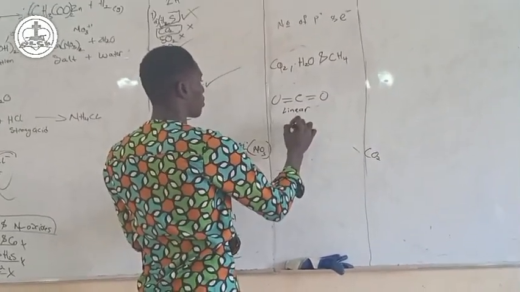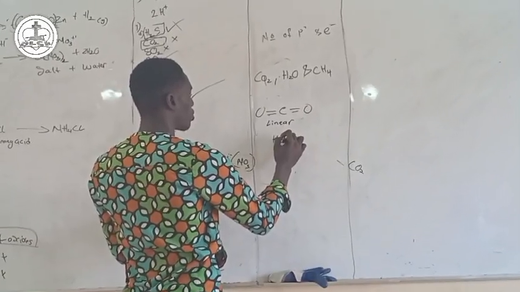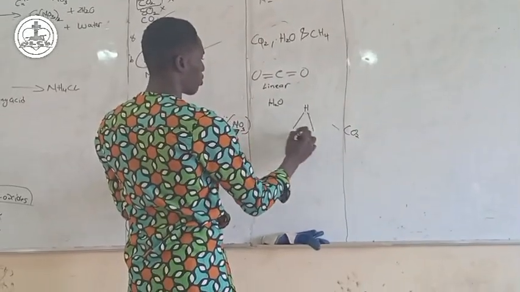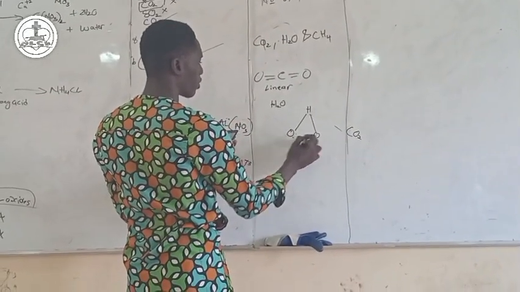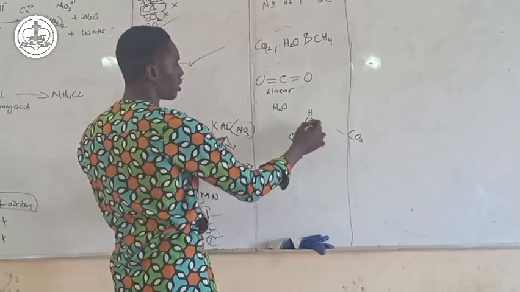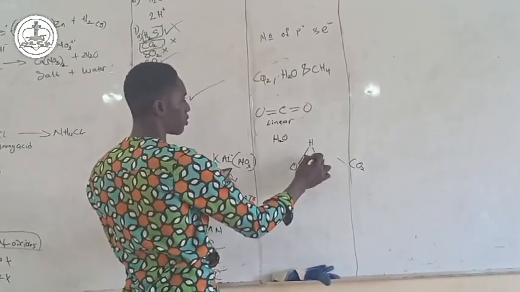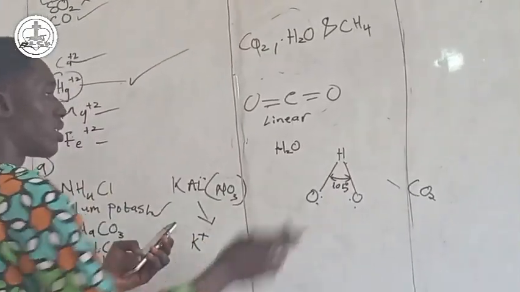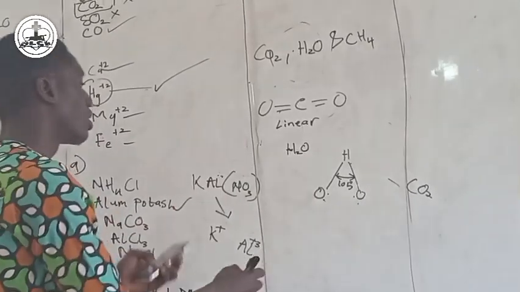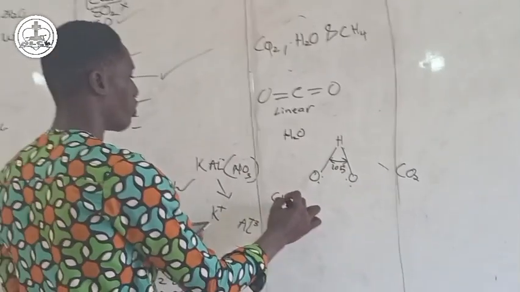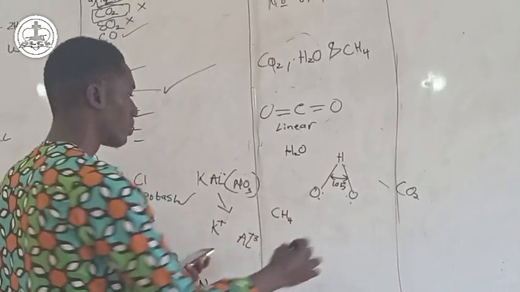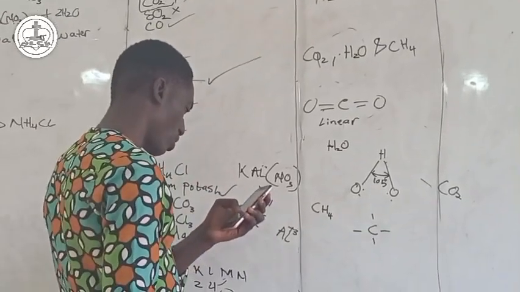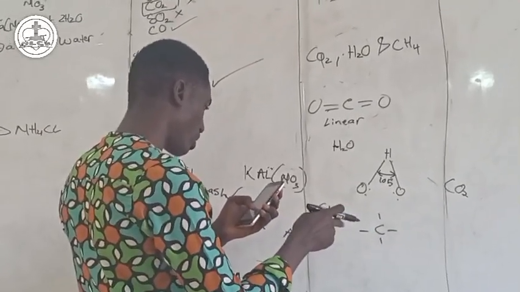Then H2O, we have H and O. Because of the repulsion of these electrons, they repel themselves to form an angle of 105 degrees. So this is bent. Then CH4, which is methane. Methane is tetrahedral.